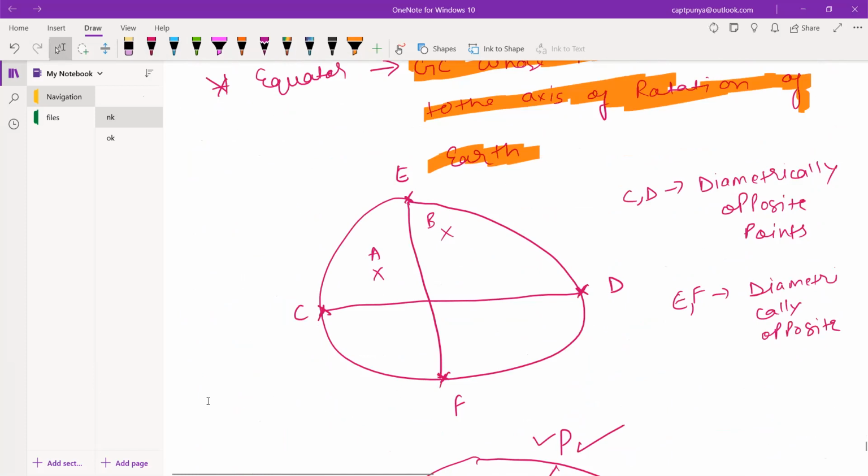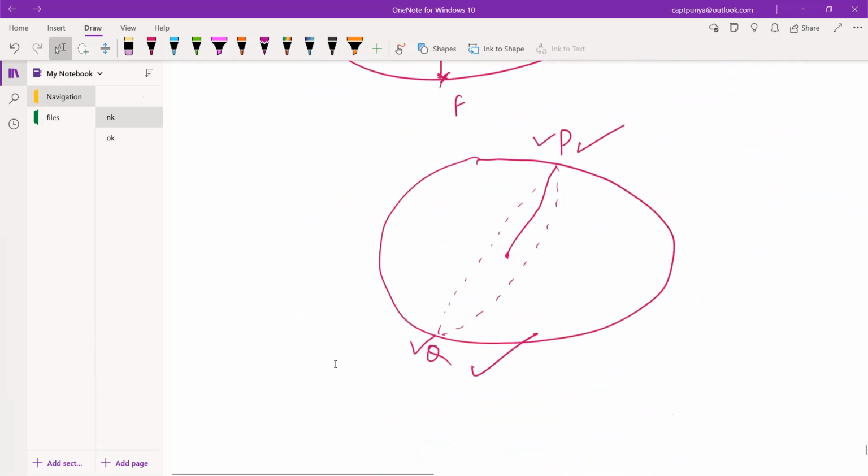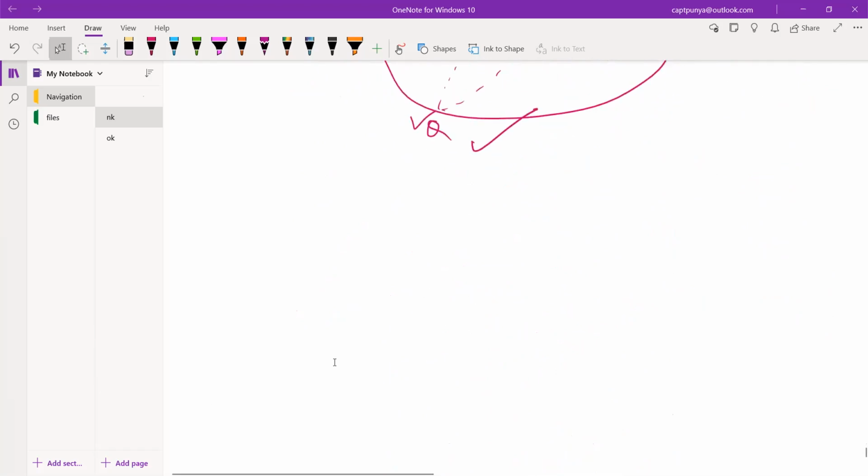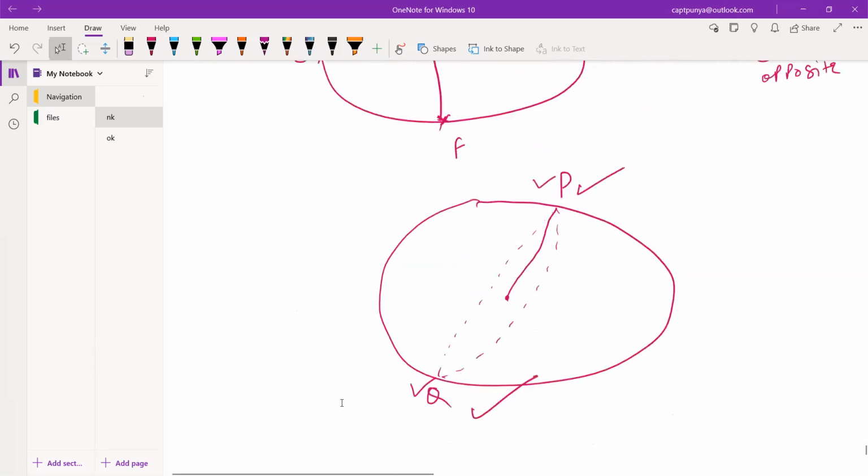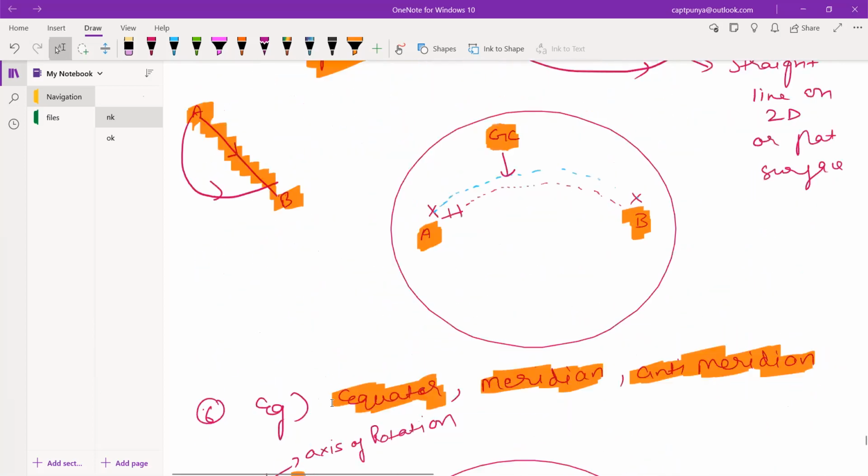I want you to understand clearly what is the great circle, how many great circle are possible if the 2 points are diametrically opposite, how many great circle are possible if they are not diametrically opposite. So if your concepts are good, then your basic navigation is really easy, and it will help you in your ATPL exam also. It will help you in your airline interview as well. So guys, go through all this point.